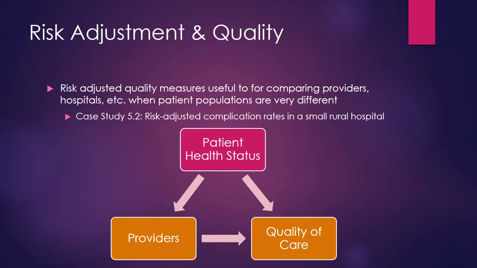And so it would make it look like our providers were providing lower quality care, when in fact it was just a reflection of differential patient health status in the underlying populations. So we could risk adjust our quality measures to more evenly compare across systems. And there's a case study in the textbook, it's back in chapter 5.2, that looks at risk adjusted complication rates in a small rural hospital as an example of a way to risk adjust quality measures.